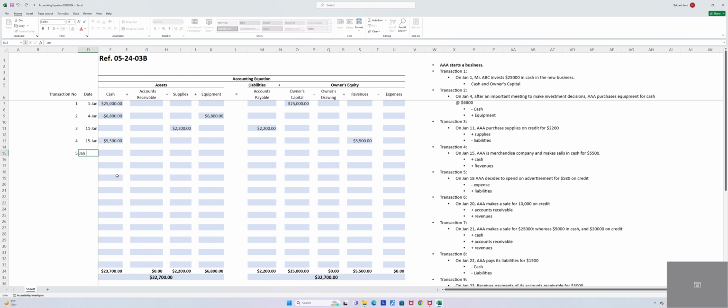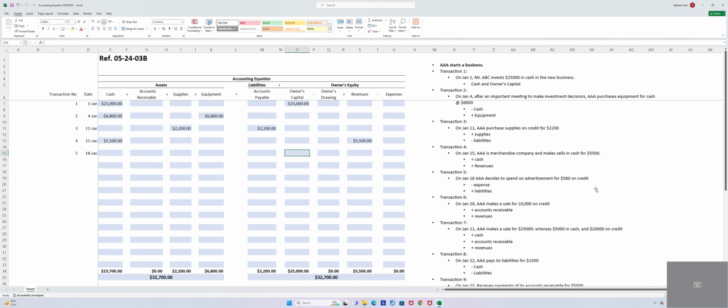Transaction number 5, on January 18th: AAA spent $580 on advertisement. Maybe the company sees that it opened a business but isn't making sales, so it spends some money on advertisement. Let's see if it pays in cash or credit. As we see here, it says advertisement on credit. As soon as you see on credit, that means it's not paid in cash, it's a liability. Just to note, advertisement in accounting is considered an expense.